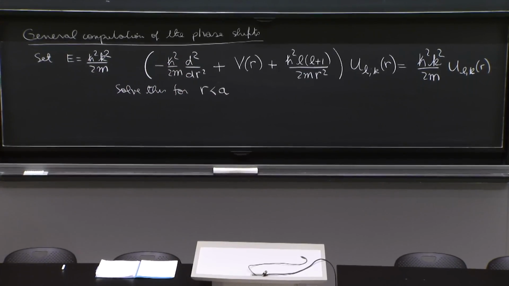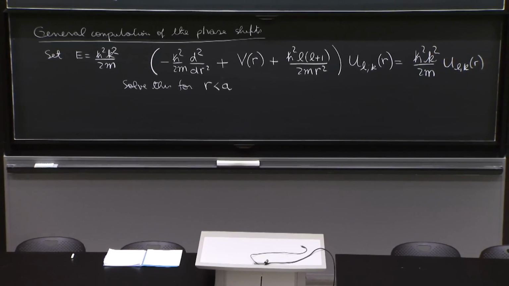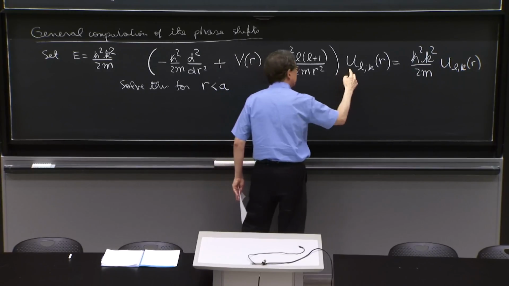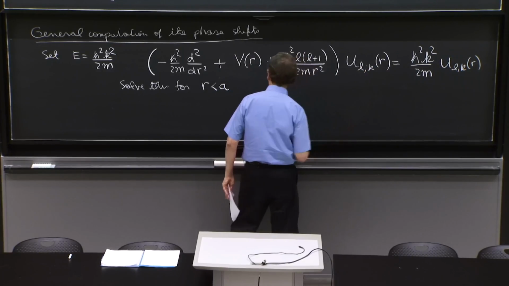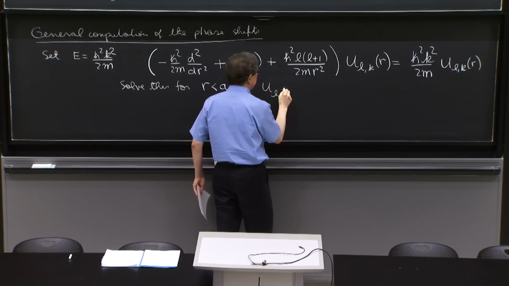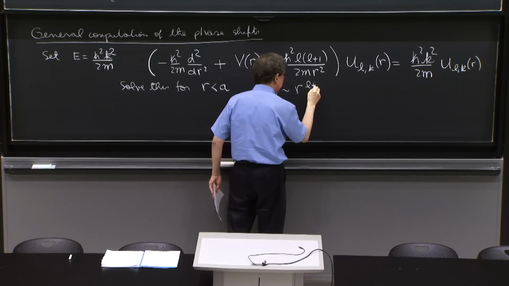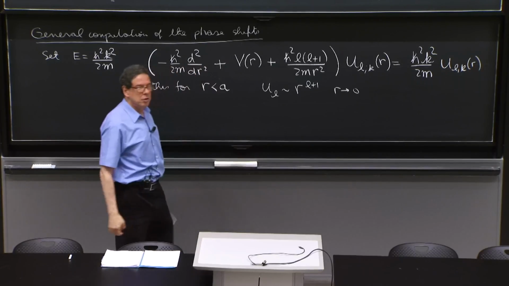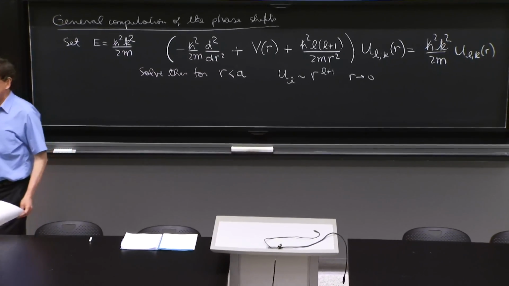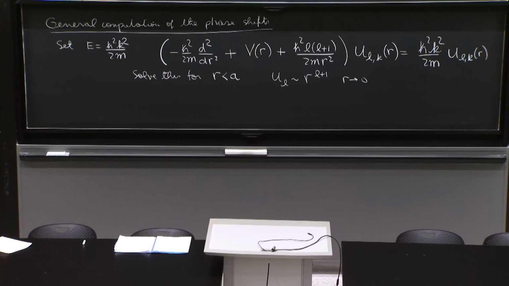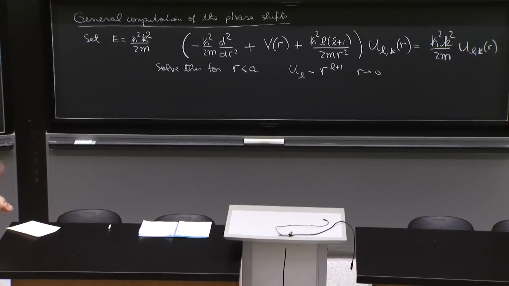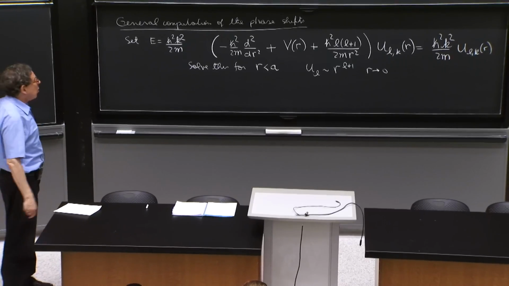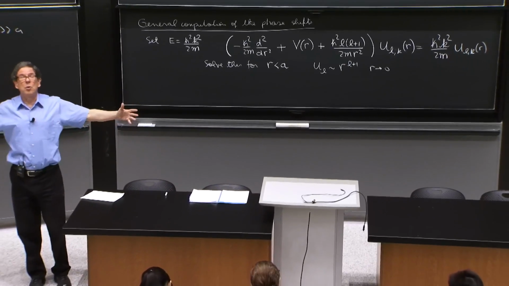You have some hints of what you're going to encounter, because you know from solving radial equations that u_l behaves like r to the l plus 1 as r goes to 0. That's a boundary condition for the lth wave. And with that, you're supposed to solve for this u_l. OK, so you solve for this u_l.